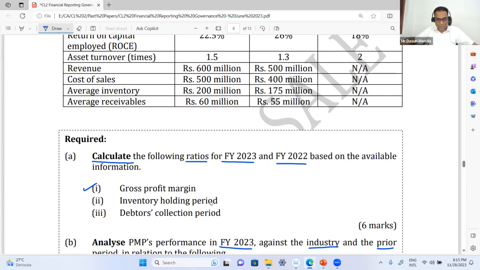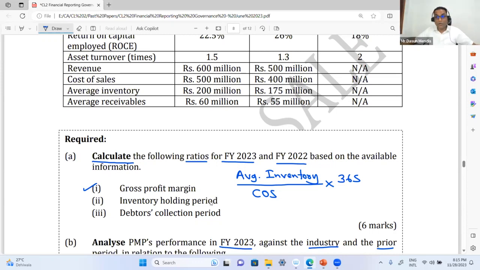So for inventory holding period, you take average inventory figure divided by cost of sales, multiplied by 365. Then you get the inventory holding period. What does this mean? How many days you hold your inventory before you sell them? Okay. How many days do you keep your inventory before you sell them?